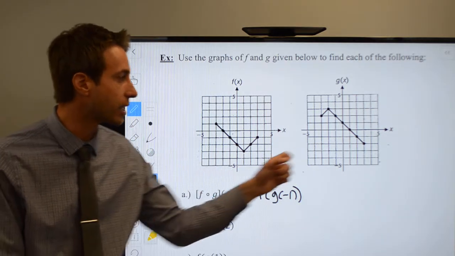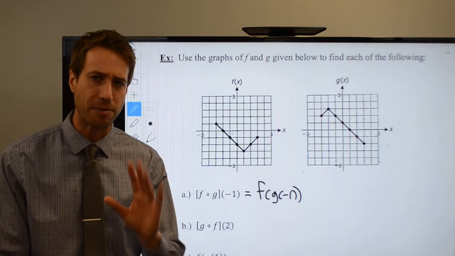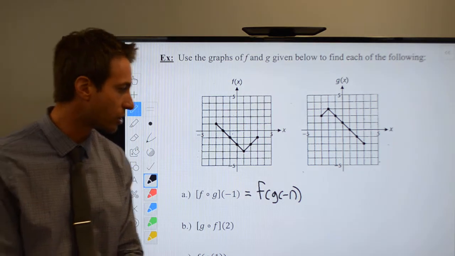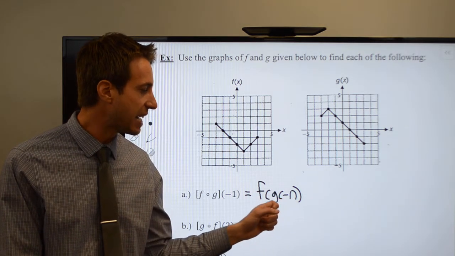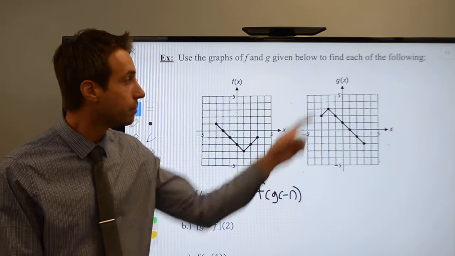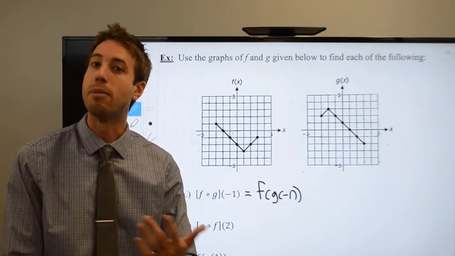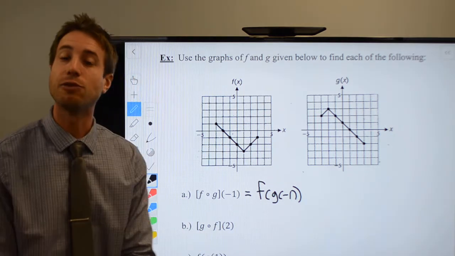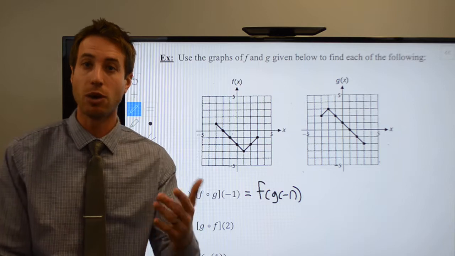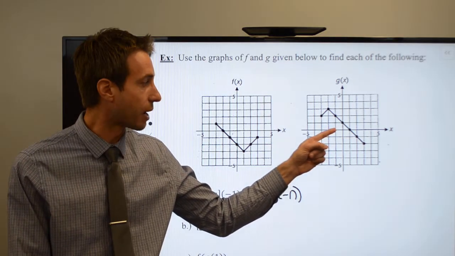But we're going to do it using graphs. Again, very straightforward. After I do the first couple of them, you'll catch on real quick and see how it goes. I need to find a domain value of -1 in the function g. Well, here's my g. This is my graph of g. Remember, domain values are x values. So I need to find the x value of -1. There's -1 on my graph right there.